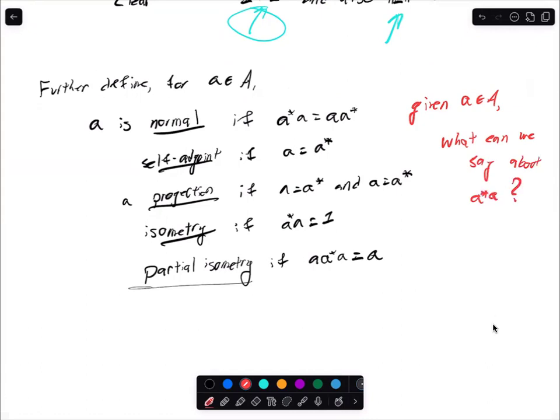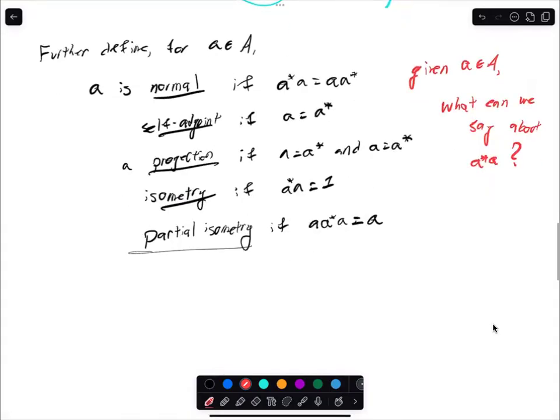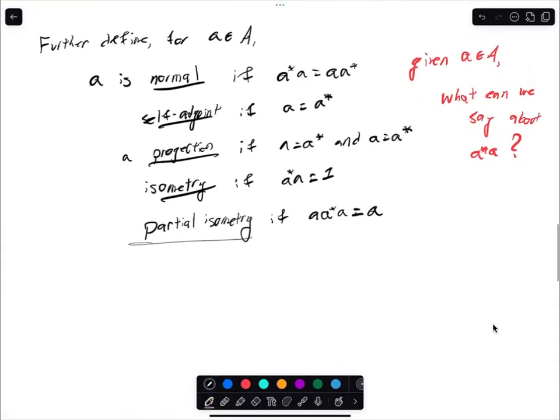Is it normal? Is it self-adjoint? Is it a projection? You can just ask these kinds of questions and fiddle with things. For the projection, we want A equal to A star and A equal to A square, right? Yes, thank you. Yeah, self-adjoint and idempotent.